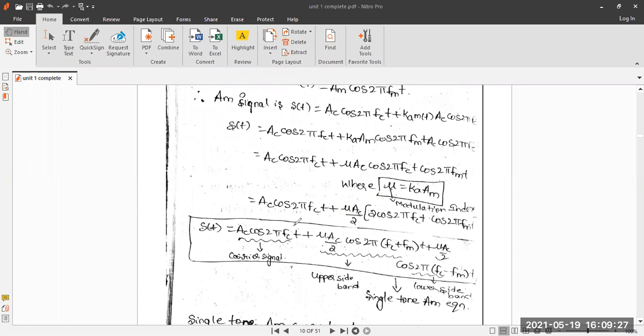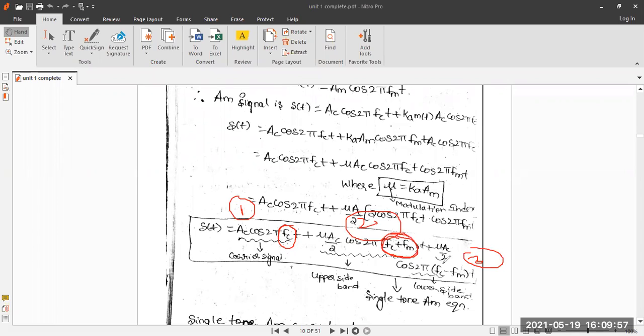The first term has the fc frequency. The second term has the frequency fc plus fm.